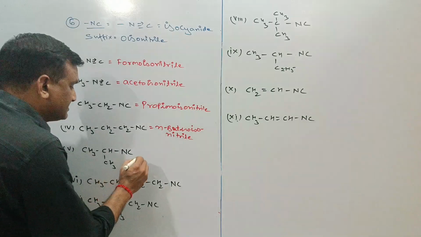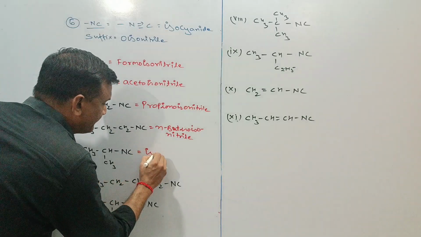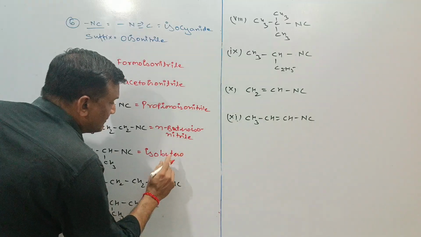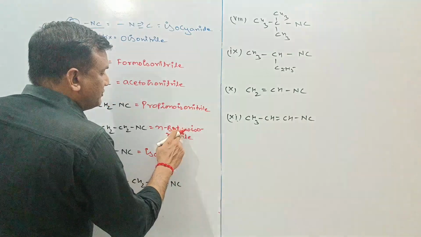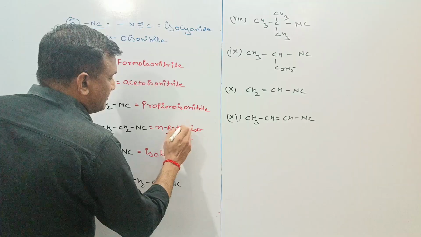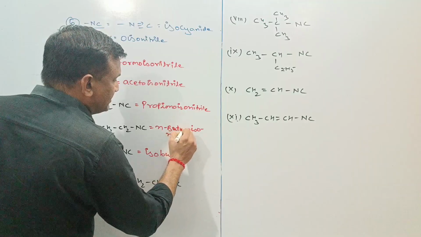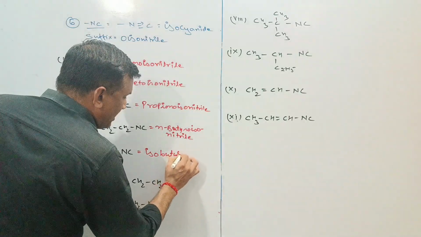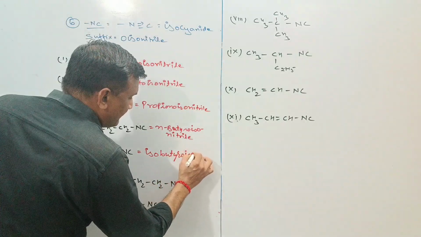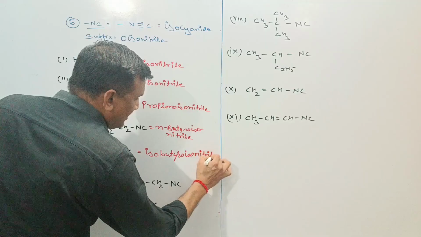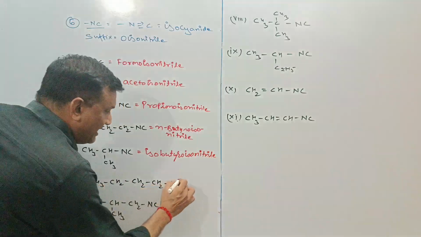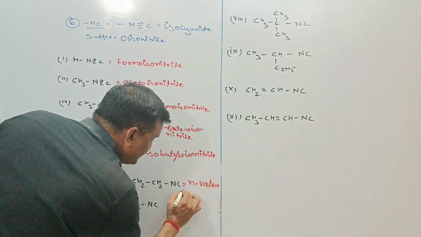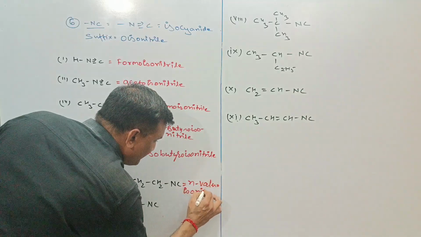This is the isobutyro isonitrile. Butyro is butyro. So this is isonitrile. This is the n-valero isonitrile.